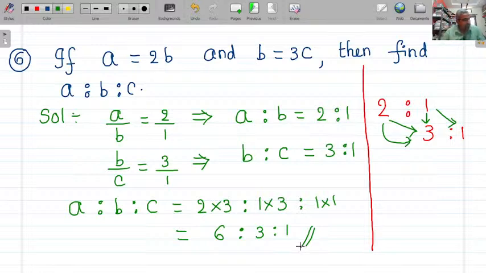Okay, let us move to yet another problem. Let us move to seventh question.